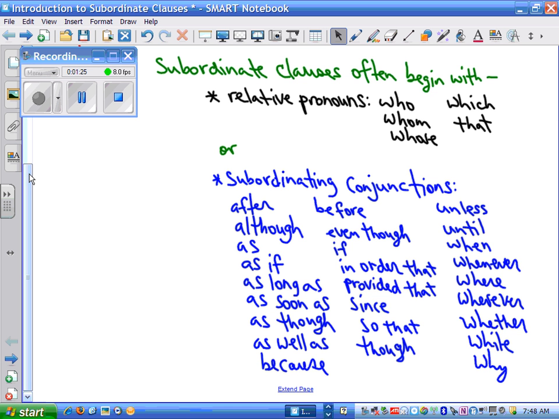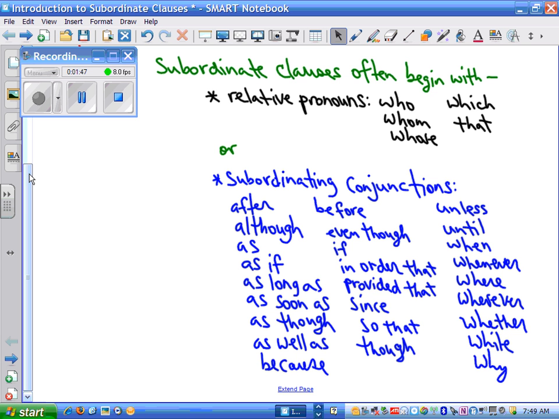If you think back to those pronouns, we went over the relative pronoun earlier. Remember, the relative pronouns look a lot like those interrogative pronouns, but they're quite different in the role that they play in the sentence, as they're beginning a clause.